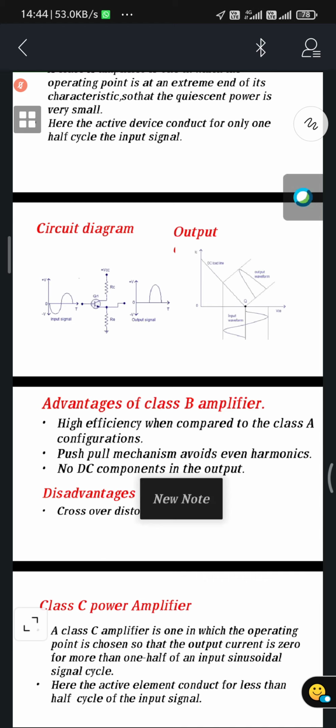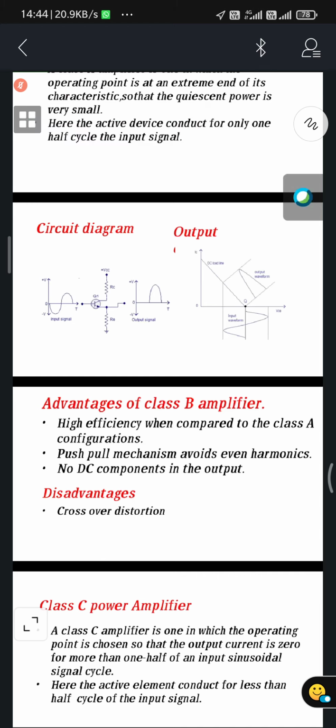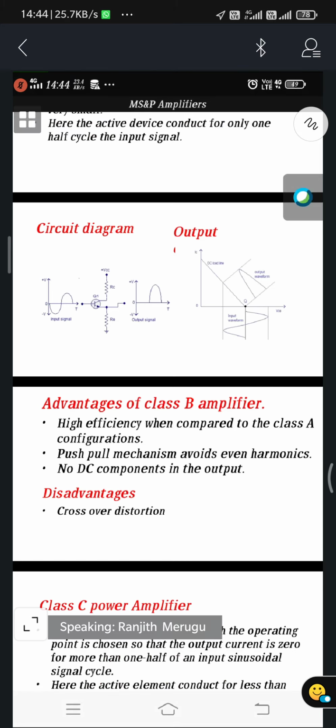But there will be some harmonics while the operation is going on. Harmonics are nothing but unwanted components, unwanted sounds. We can reduce this type of harmonics by using the push-pull configuration. It is not in your syllabus, so it is not needed for you.